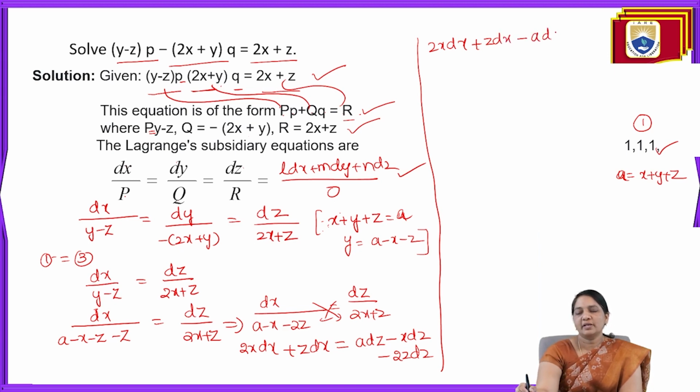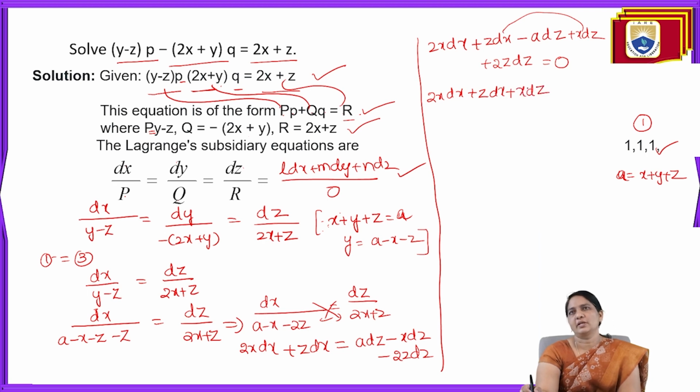So minus a dz plus x dz plus 2z dz equal to 0. So now 2x dx as it is. Here I am going to write these two together, so that is z dx plus x dz. Then I can write derivative of xz. So next, minus a dz plus 2z dz equal to 0.